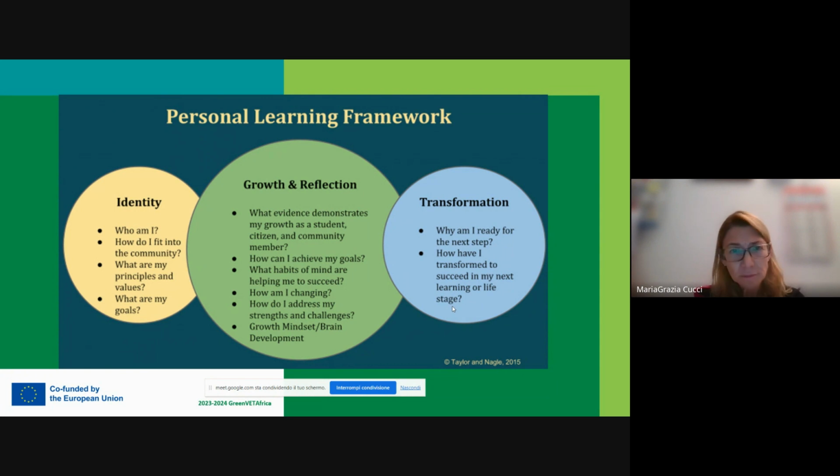Then the second part, growth and reflection: make a point on different situations in which the identity is played. What evidence demonstrates my growth as a student, citizen, and community member? So not only my age, of course, but the way I behave.